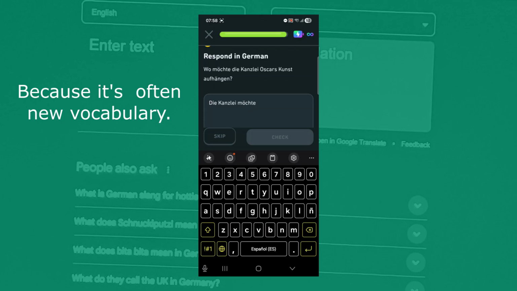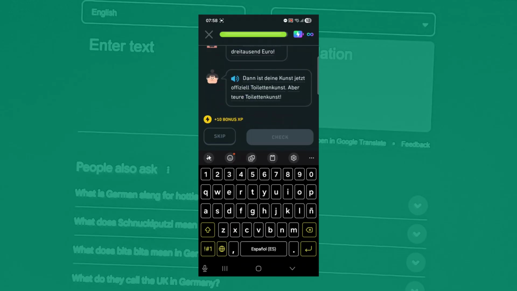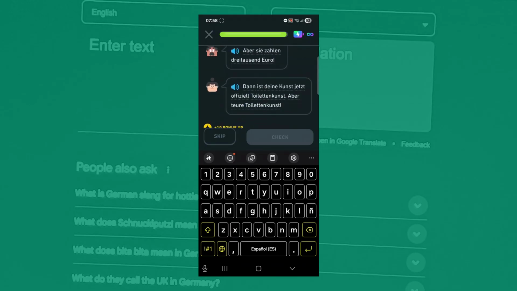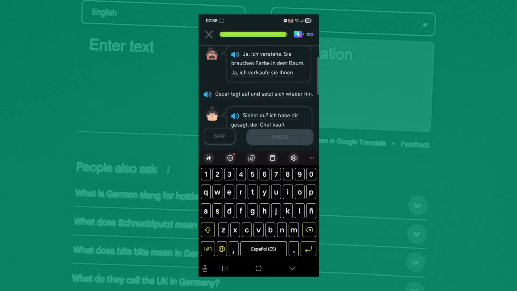So die Kanzlei möchte Oskars Kunst... is it just in die Toiletten?